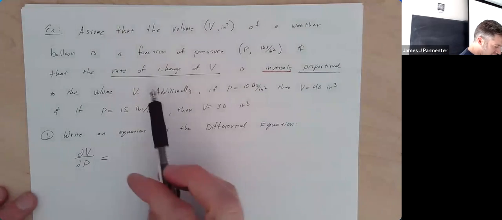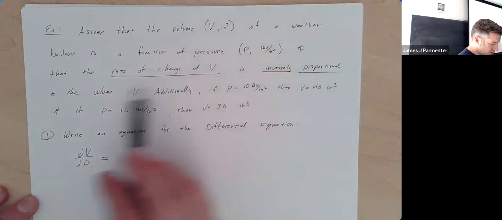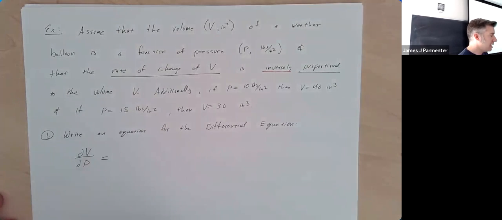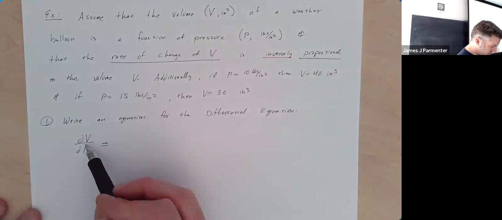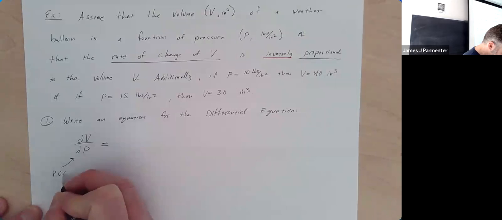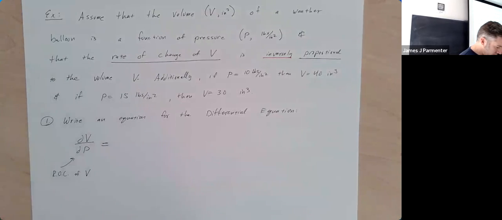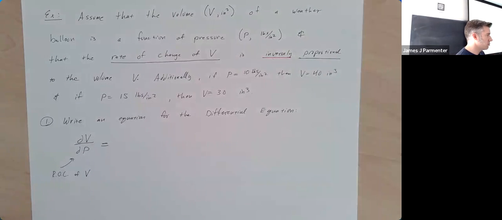So the rate of change of volume is inversely proportional to the volume V, and that's enough information to write the differential equation. The rate of change of V, which is dV/dP, is inversely proportional to the volume.